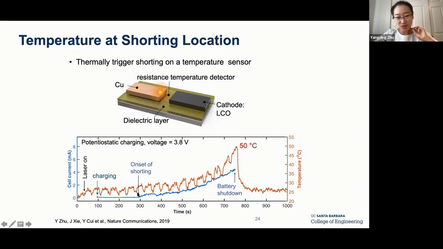After the internal shorting, the temperature sensor is able to capture the immediate temperature response. At some point, we had to shut down the battery for safety reasons. But this is the first study that can actually monitor the local temperature response at the electrode level during an internal shorting event.